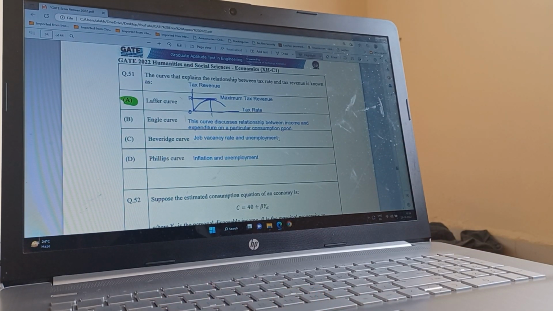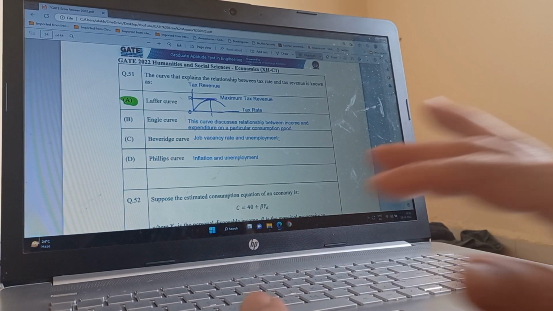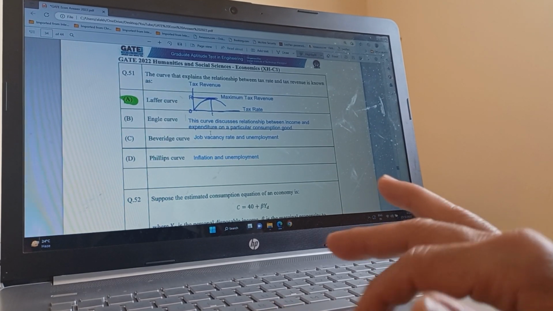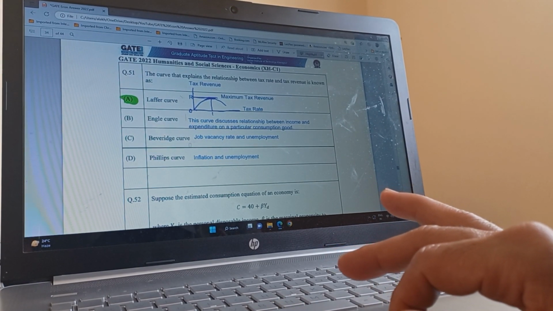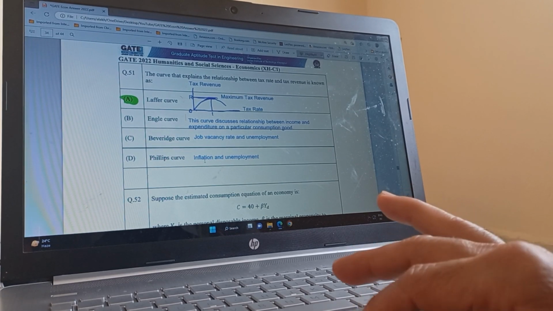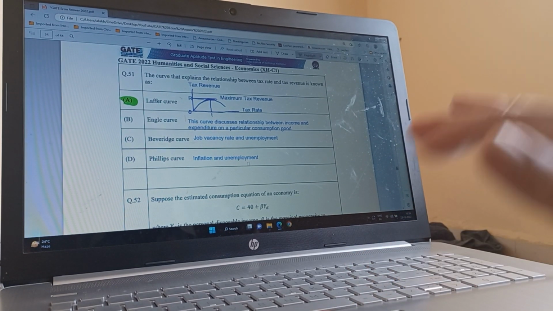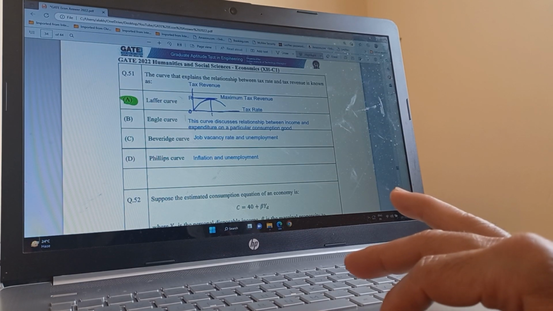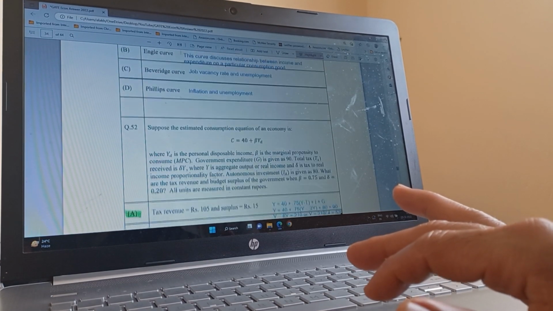It means unemployed people are getting enough money to survive, then in that case they will not work for low paying jobs, and that is what this Beveridge curve explains. And the Phillips curve, I had already said that it talks about inflation and unemployment. So I hope it is clear to you.